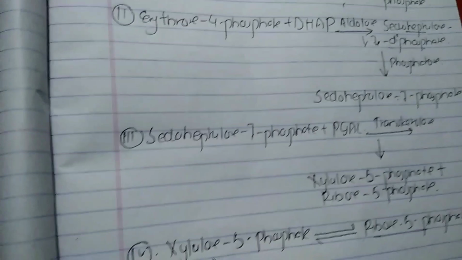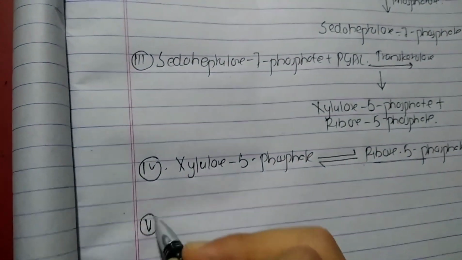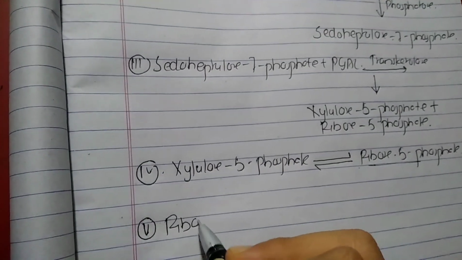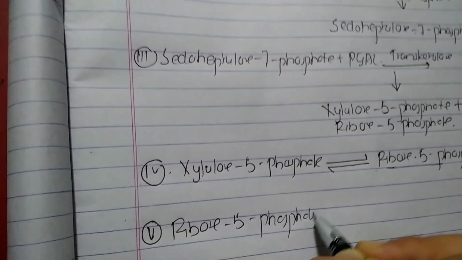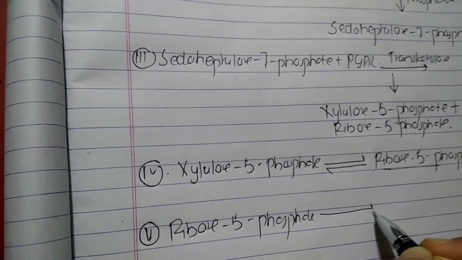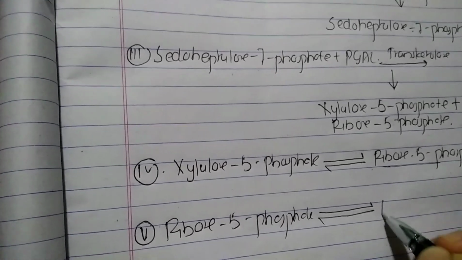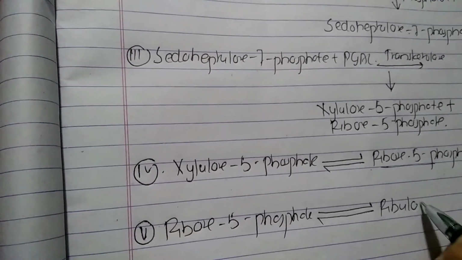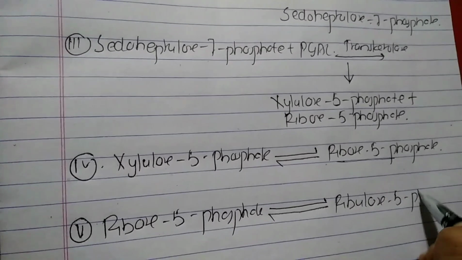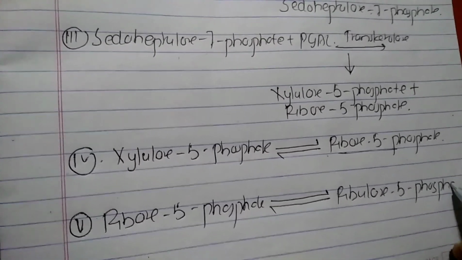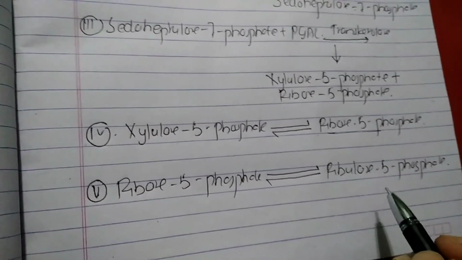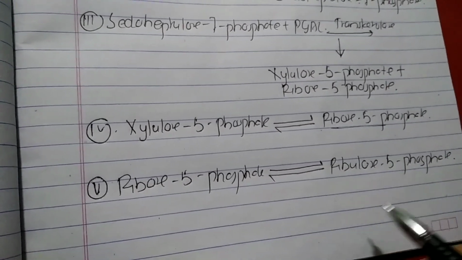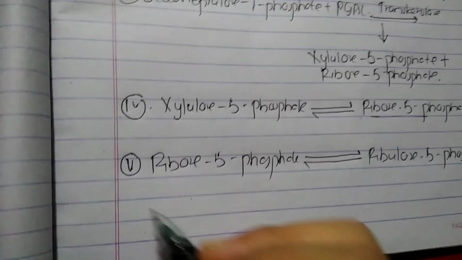So we are very near to the conversion. So now this ribose 5 phosphate will again isomerize to give ribulose 5 phosphate, and we need ribulose bisphosphate. So we need to add a phosphate group. How can we add the phosphate group? By phosphorylation.